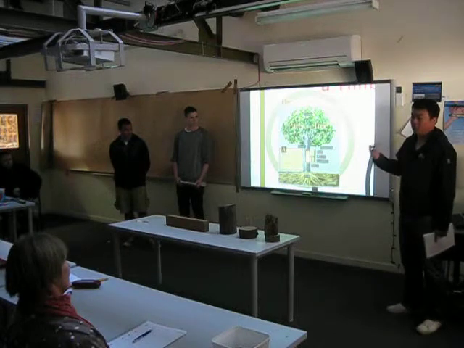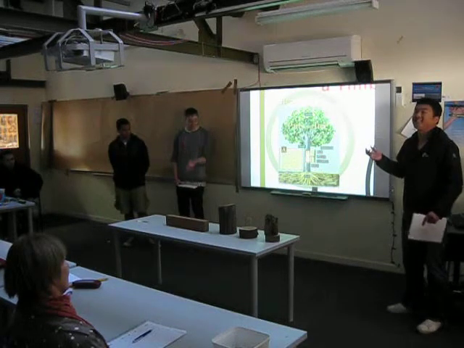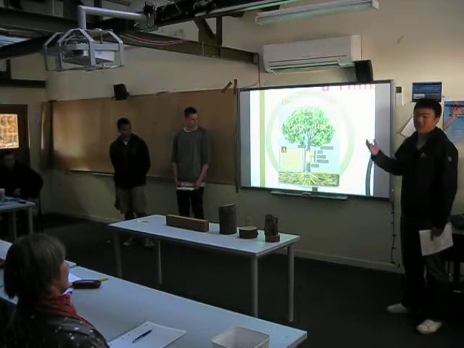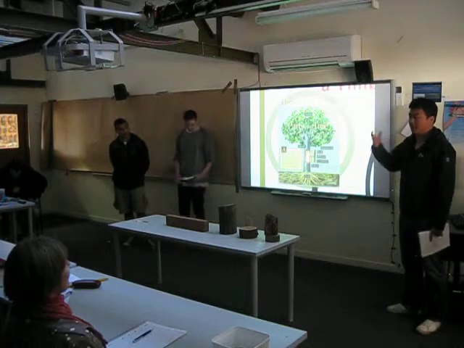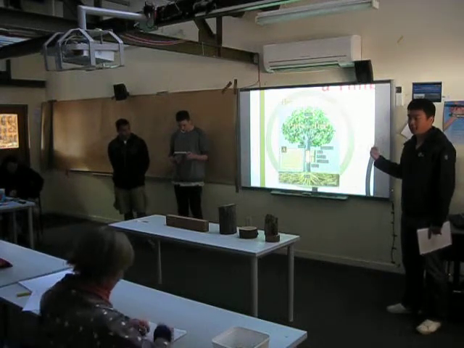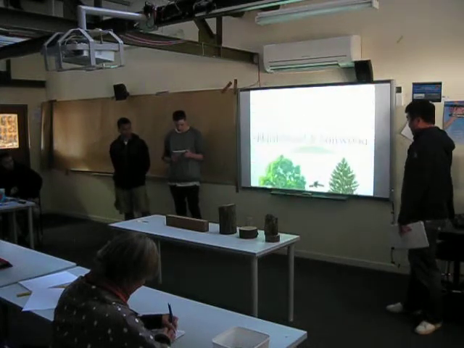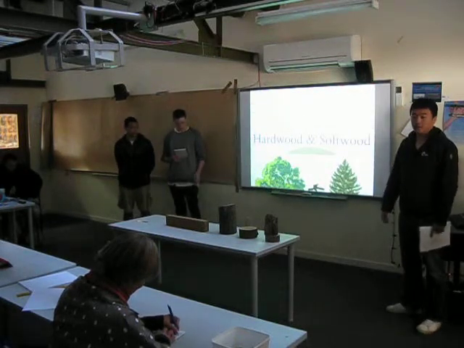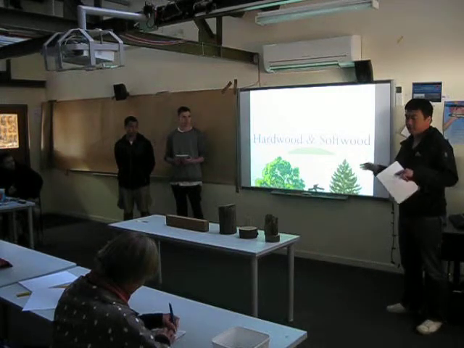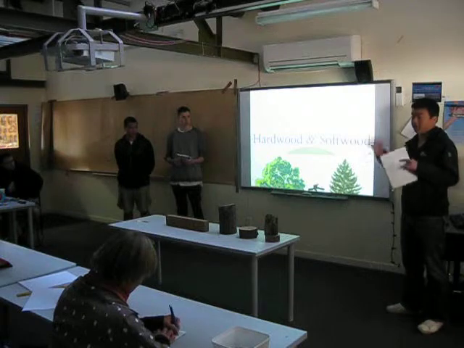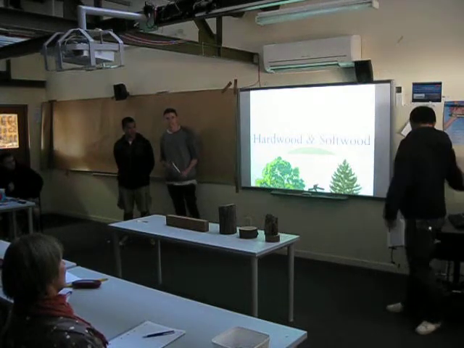The action called photosynthesis, which is good because they make fresh air, so we can breathe, and then they even make energy for themselves. So that is a good thing. In buildings, we're using a lot of timbers, which look the same, but they are different, so we can separate them as hardwood and softwood.